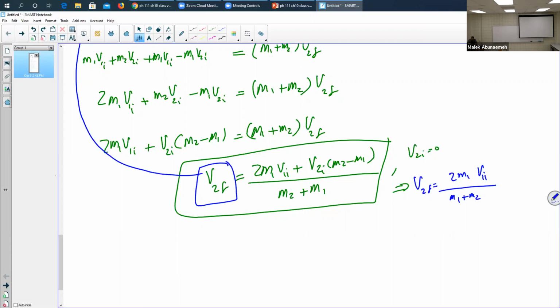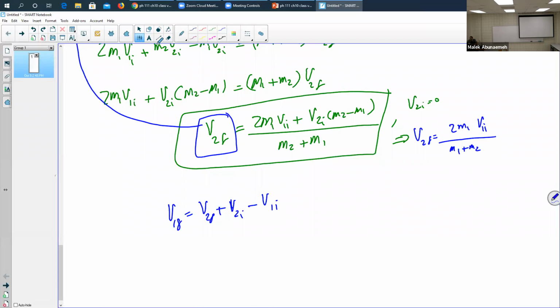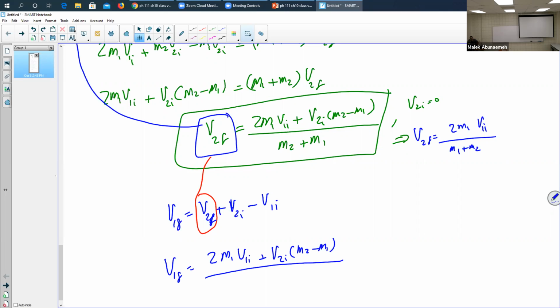So equation 3 was V1 final equals V2F plus V2I minus V1I, right? So we're going to substitute this right over here. So that will make V1F equal to 2M1 V1I plus V2I times M2 minus M1 over M1 plus M2. You're going to add to that V2I and you're going to subtract V1 initial.